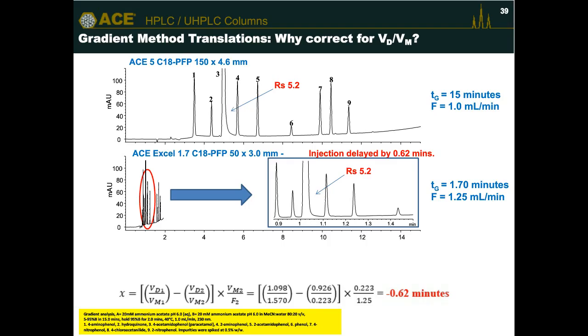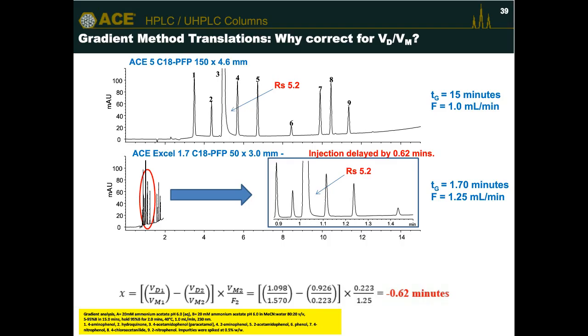And that was determined by the equation at the bottom of the screen. So this tells you that the column has actually been run on a different instrument. You can see that by the different dwell volumes stated as VD1 and VD2. But the ratio of the first system dwell volume over the column volume less the new system dwell volume and the new column volume is a mismatch.